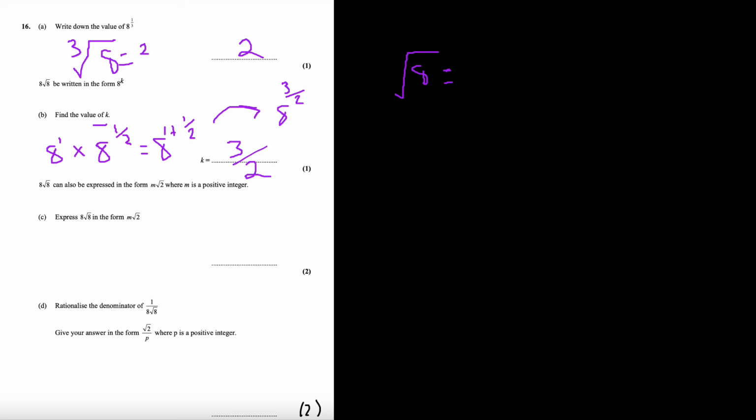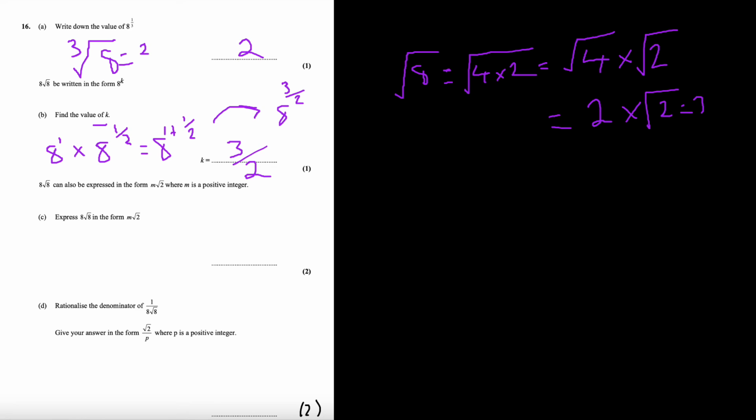Root 8 can be written as root 4 times 2, which is equal to root 4 times root 2. I've chosen this specifically because root 4 gives me a whole number answer. So I've got 2 times root 2, which is just 2 root 2.